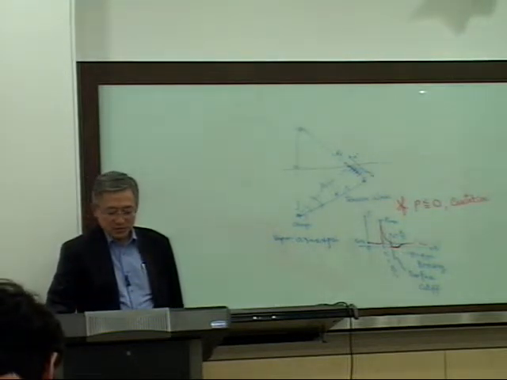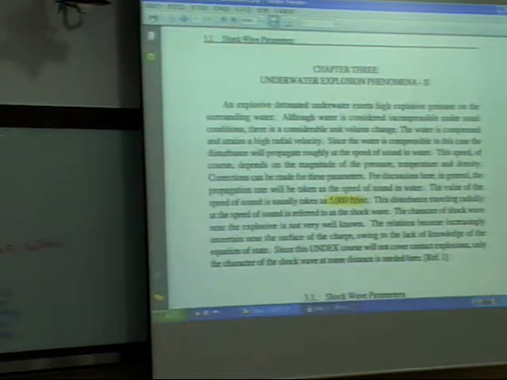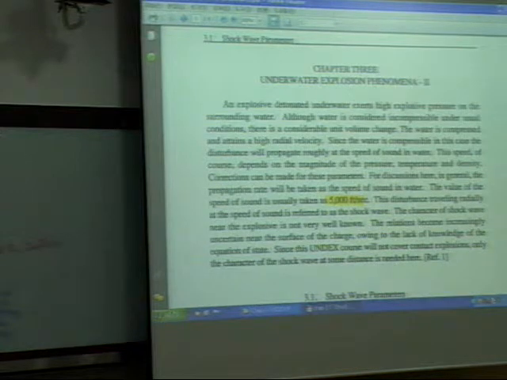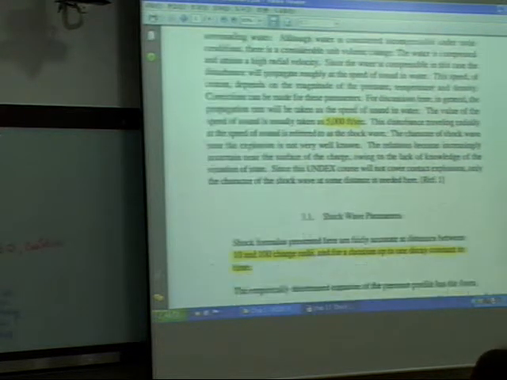So, would you read this kind of paragraph? I always put that in. And here I put in yellow, 5,000 feet per second. What is it? The value of the speed of sound is usually taken as 5,000. Pretty good.